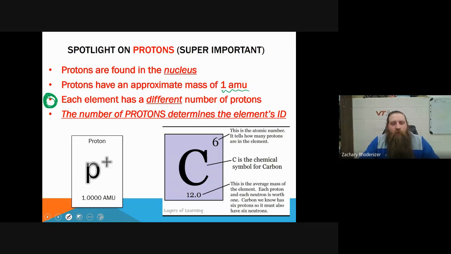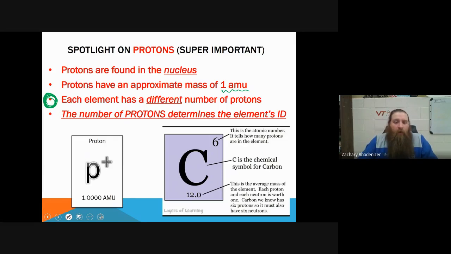The protons determine the identity of an element. If you have 6 protons, then you must have carbon. If you have 7 protons, then you must have nitrogen, right? If you have 8 protons, you're talking about oxygen. The proton determines who the element is, okay?